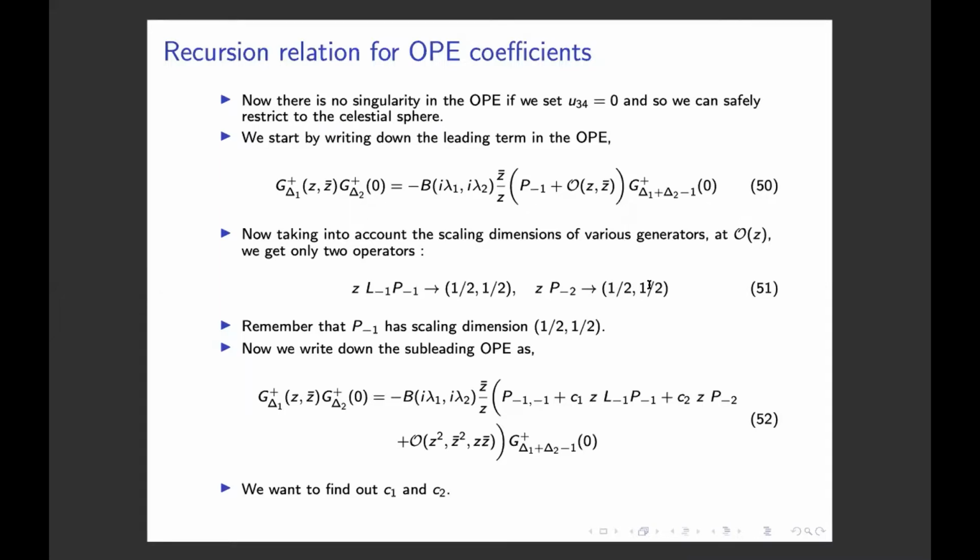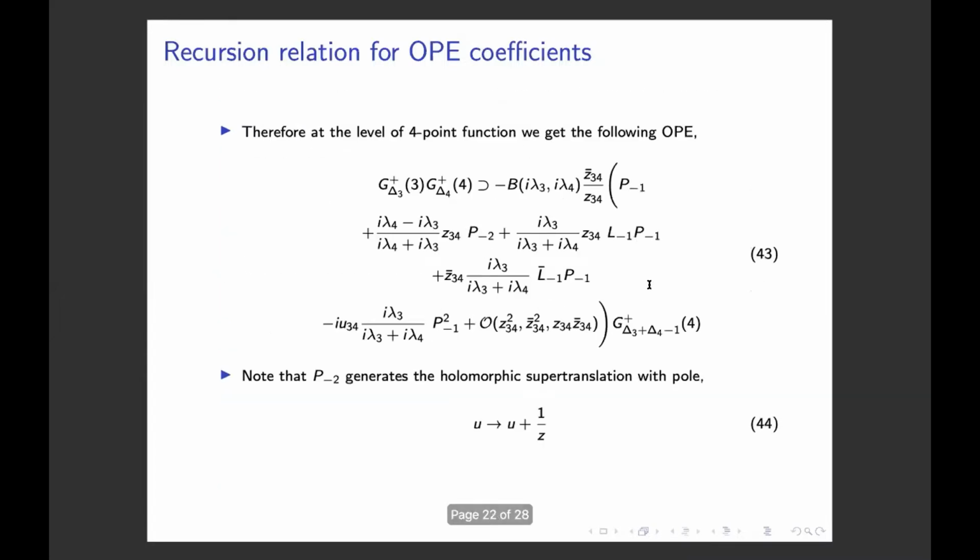It's the same thing that you get in a conformal field theory: this is in increasing powers of z or z bar or u, and the operators which you get also have increasing scaling dimension. Okay.